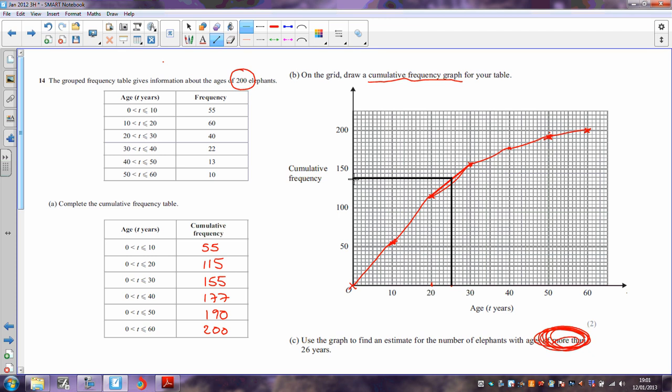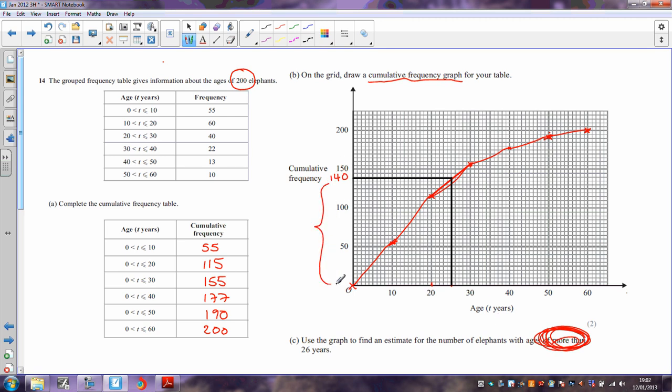Okay, I can see that it comes out as about 140. So 140 is there. So from that I can see that 140 elephants, or thereabouts, have an age of less than 26 years. So the question is saying, how many elephants have an age of more than 26 years?